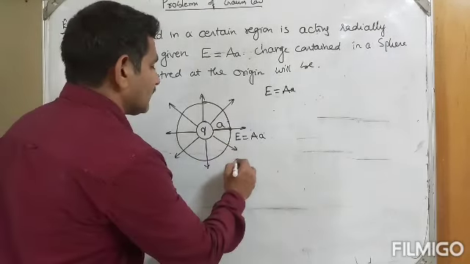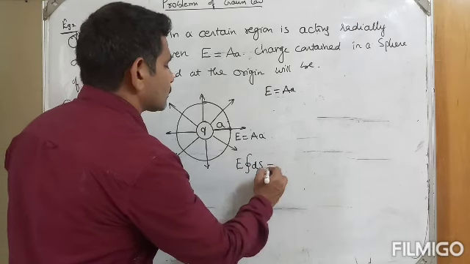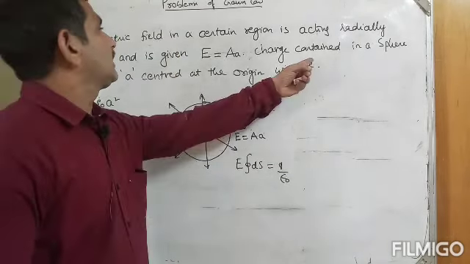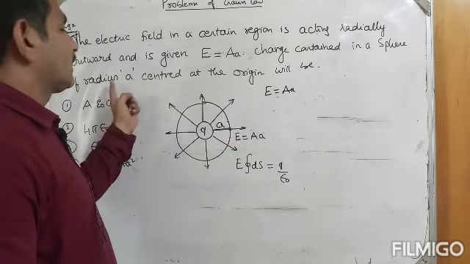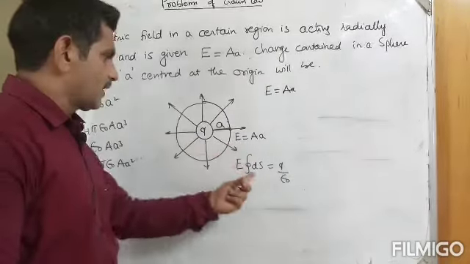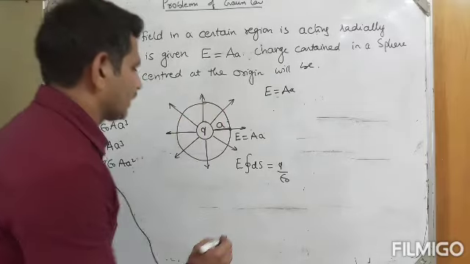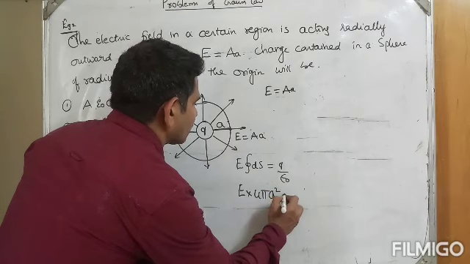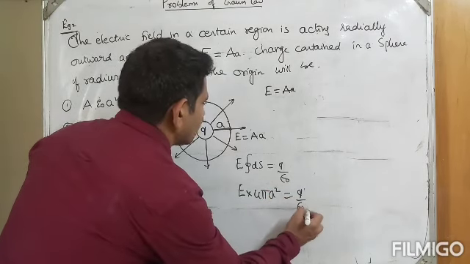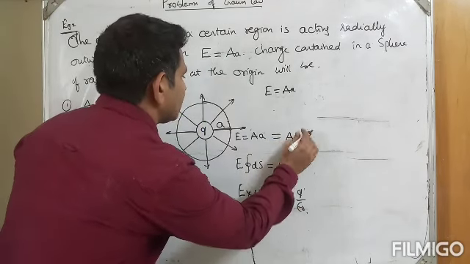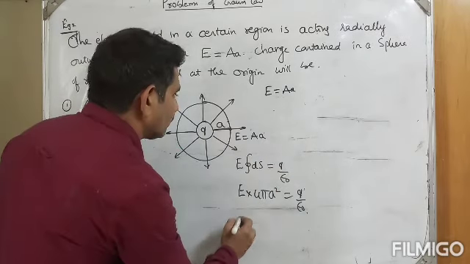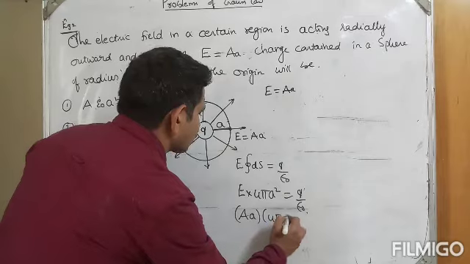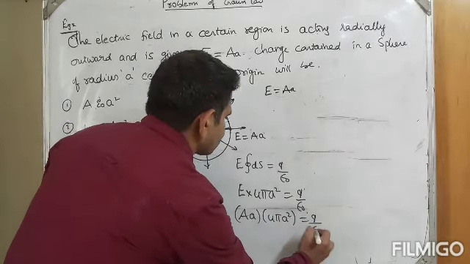According to Gauss law, the integral of E dot dS is equal to Q by epsilon naught. What kind of shape is that? Sphere, a spherical surface, so the area is 4 pi a square. E into 4 pi a square is equal to Q by epsilon naught. But E is A a, so A a into 4 pi a square is equal to Q by epsilon naught.